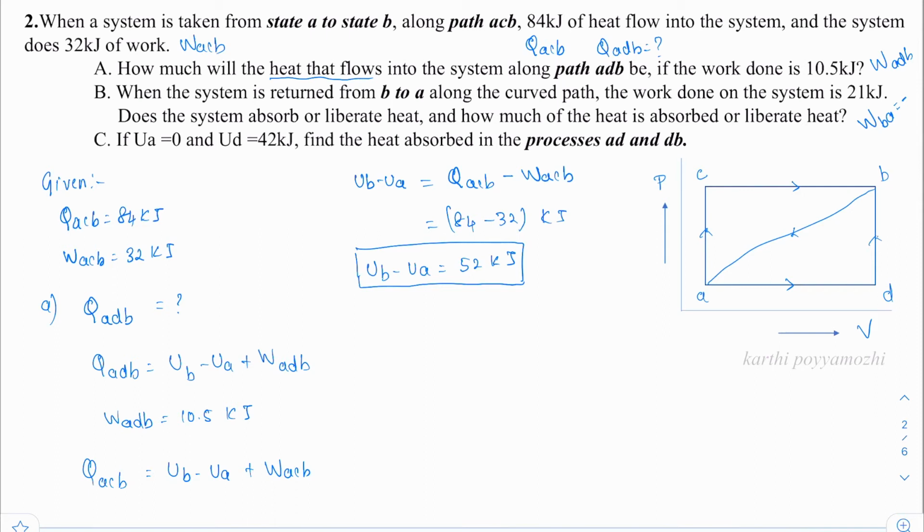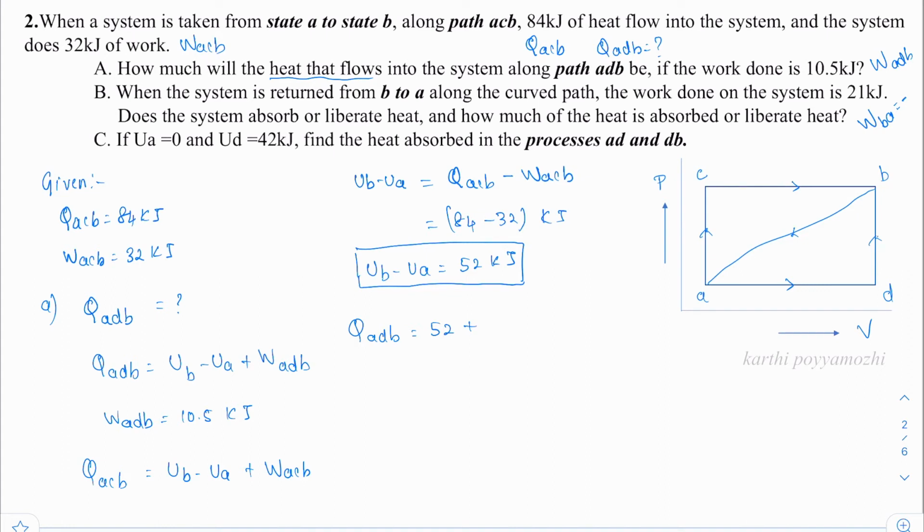Next, by substituting this value in this equation, you can find the value of heat transfer along the path ADB. Okay, and Q of ADB will be equal to 52 plus work done by the process ADB.